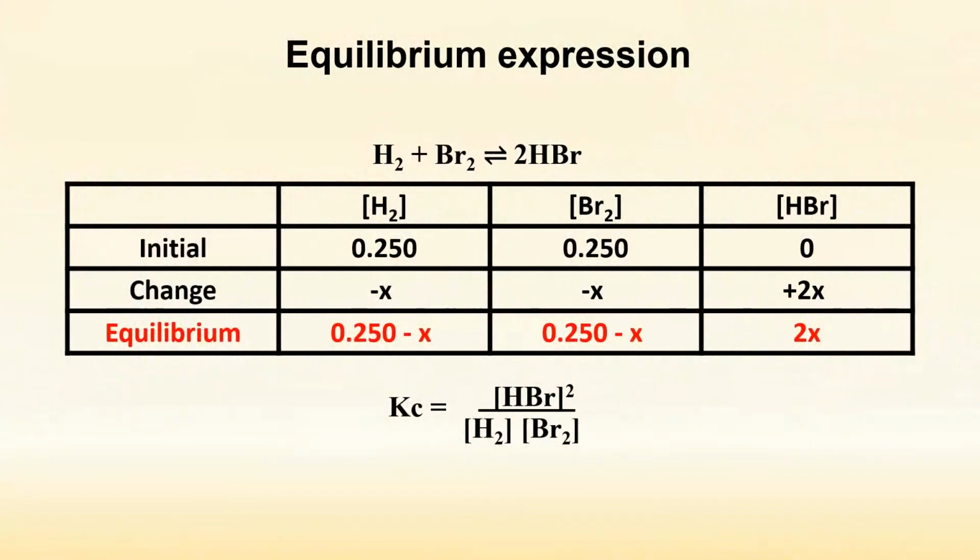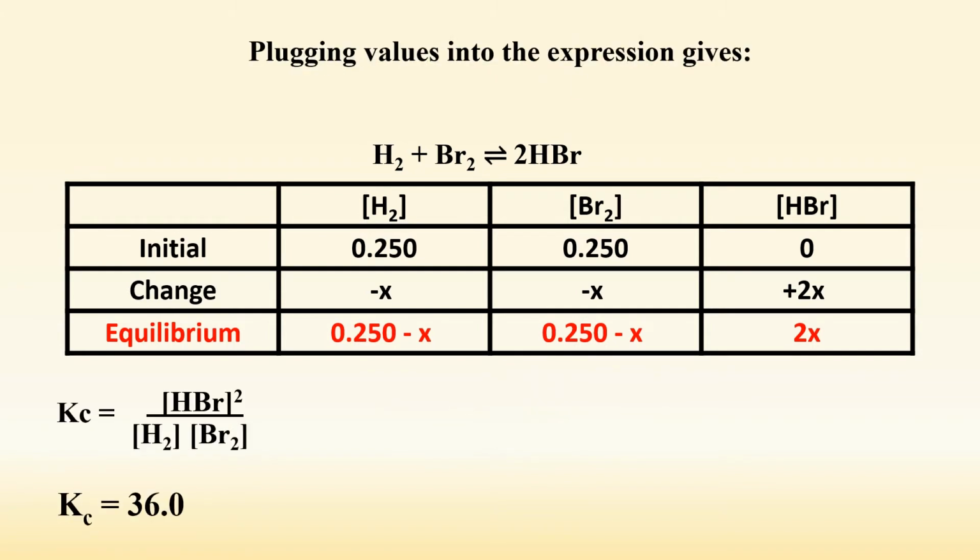We may now write the equilibrium expression, where Kc is equal to the concentration of HBr squared divided by the concentration of H2 times the concentration of Br2. Plugging the values into the expression gives the following, where the value of Kc is 36.0.